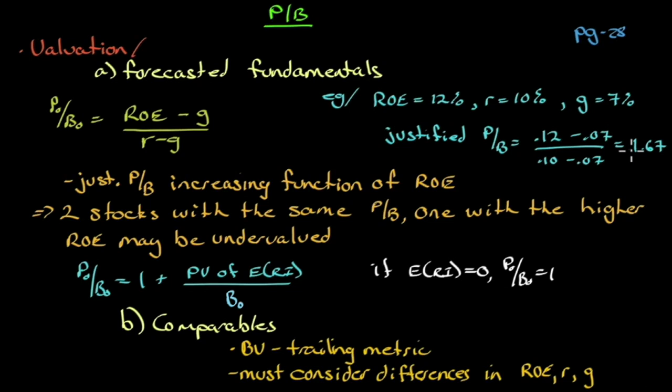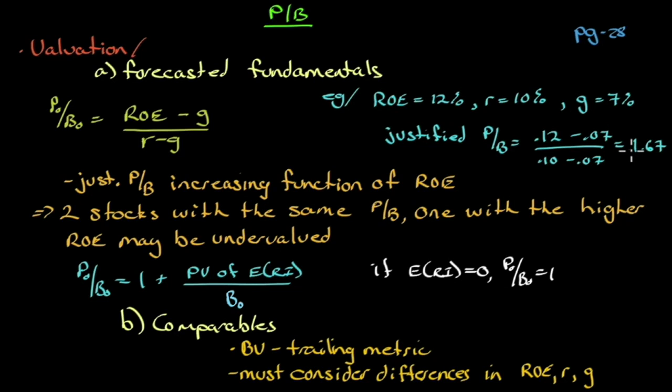What this is saying is that given a company that has an ROE of 12%, a required return on equity of 10%, and earnings growth rate of 7%, a price to book ratio justified by those fundamentals would be 1.67.